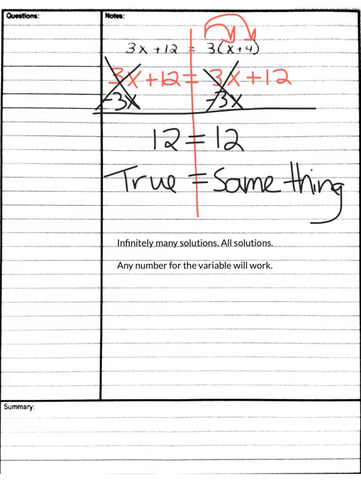Last but not least, we need to look at my last example. Looking at the last example, it looks like I forgot a parenthesis over here. Let's go ahead and draw our line down the equal sign. I have no subtraction that needs to be changed to addition. Let's apply the distributive property, and I have it on both sides.